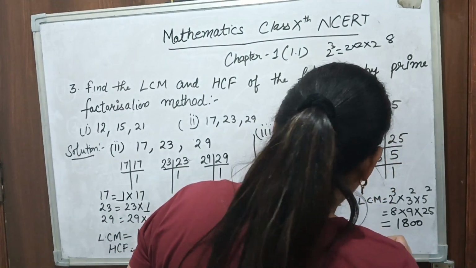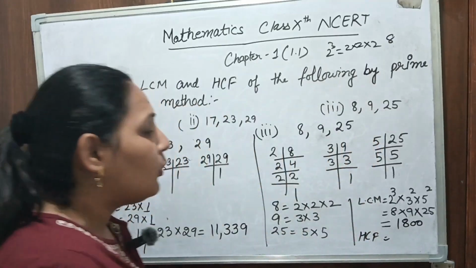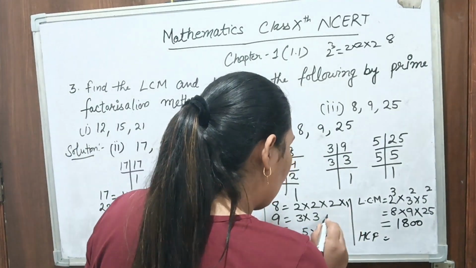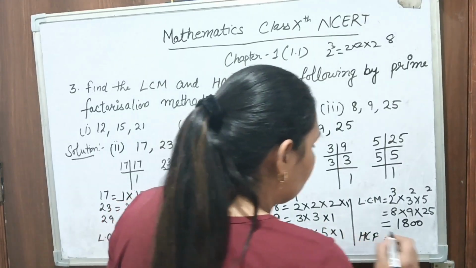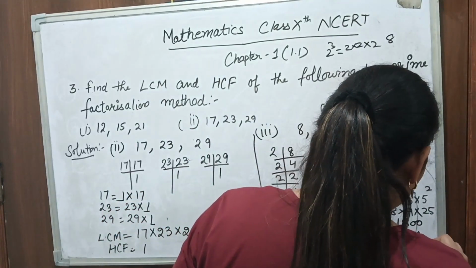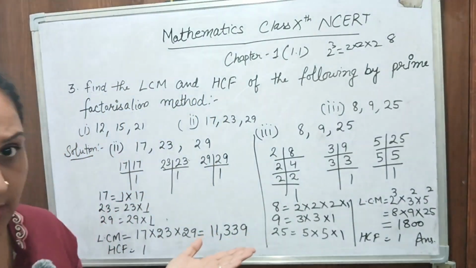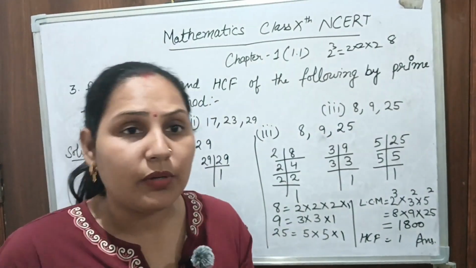And your HCF will be, there is no common number, so we will take 1 as their common factor. So HCF will be 1. Hope all of you understand this question well. Okay students, we will meet you in the next video.